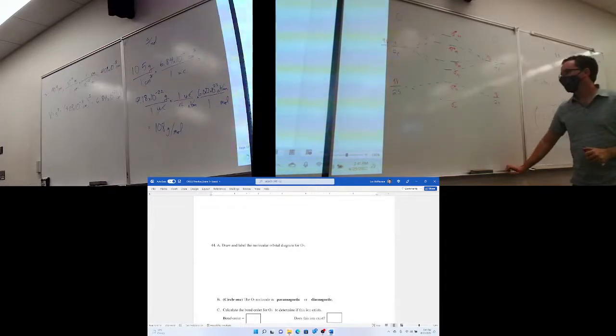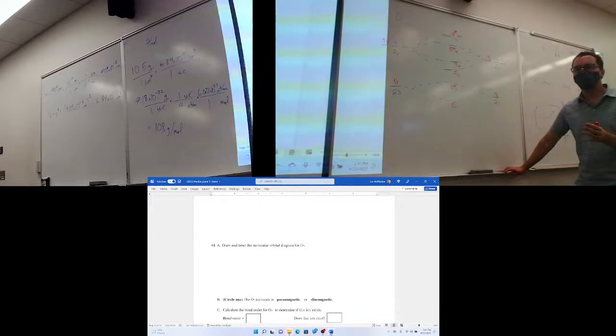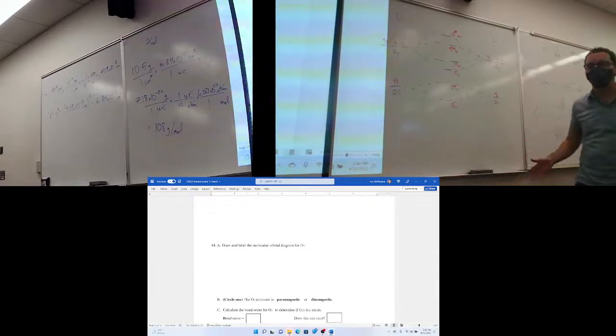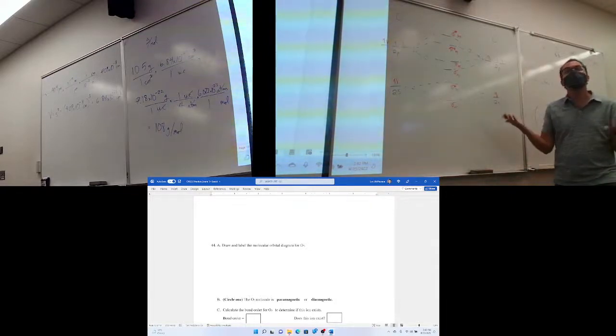So if you're just showing the valence orbitals, and you're showing what happens to the valence orbitals, then you only count valence electrons. So for lithium, it would be 1 valence electron each, and you would just show the 2s, and that's all that matters. But you can also show the inner orbitals. So you could do the 1s and the 2s, and then you have to count all the electrons in lithium. So lithium has 3 total electrons.